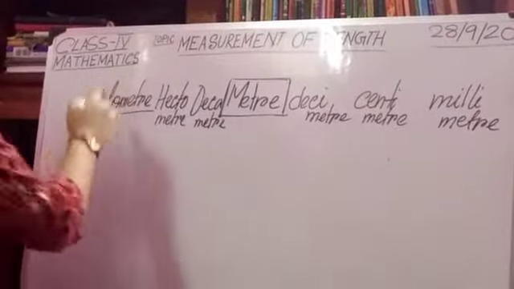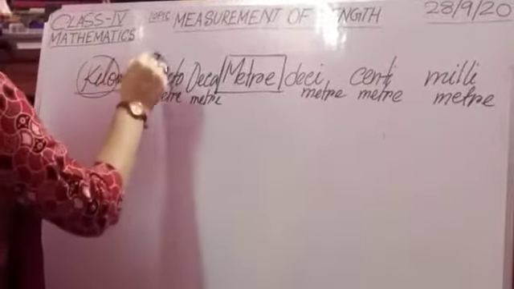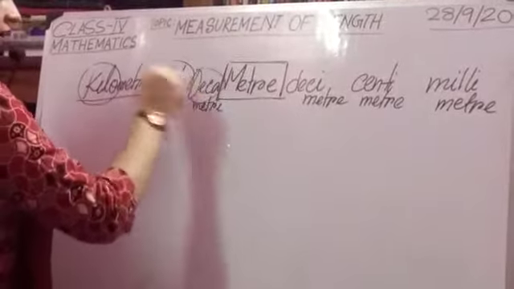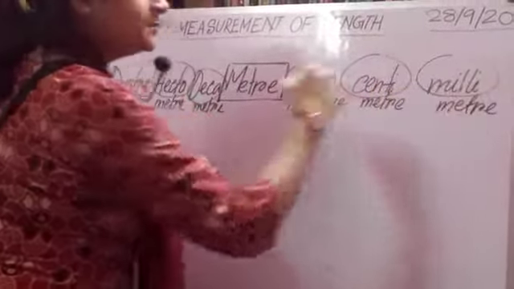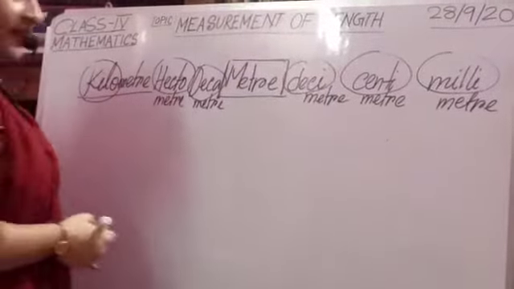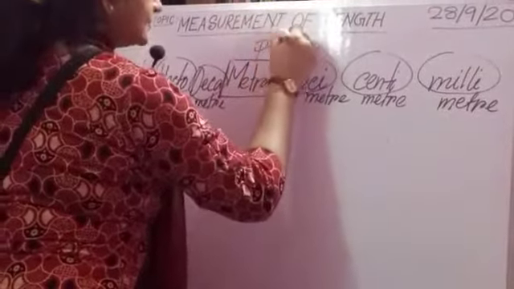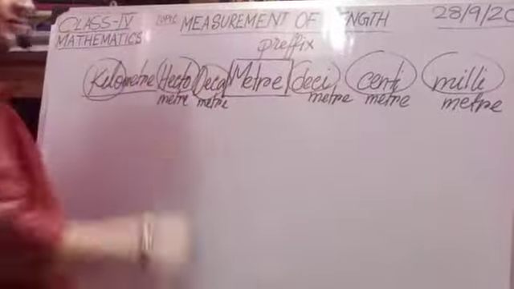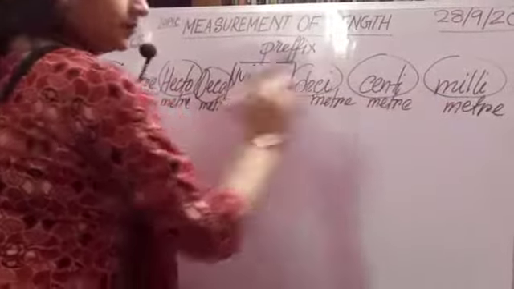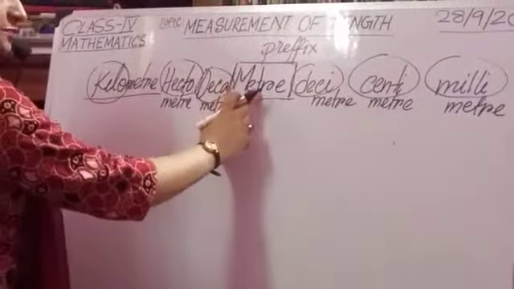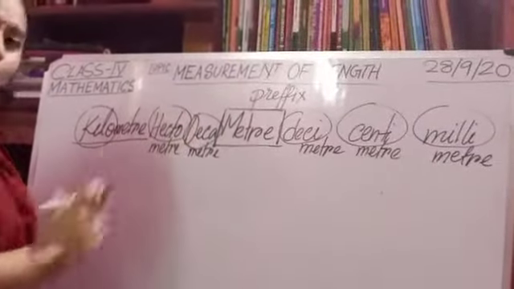Now children, this kilo, hecto, deca, deci, centi and milli, they are known as prefixes. Right? See, meter is common. The standard unit meter is common to all.